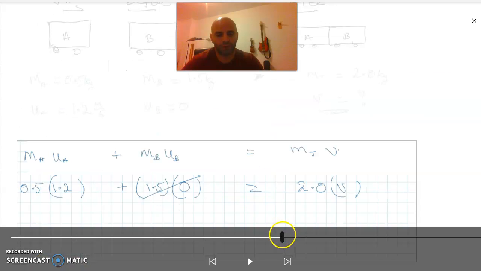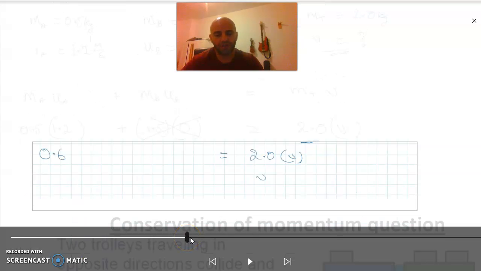So all we do is just work our way through the numbers then. The momentum of B before the collision is going to be 0. The momentum of A before the collision is 0.6 kilogram meters per second, and we've already worked that bit out. And that's going to be equal to twice the final velocity, or that common velocity. So all I need to do to isolate V is to divide both sides by 2.